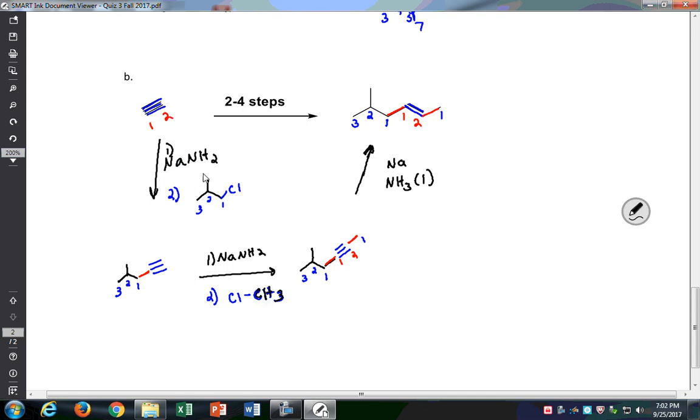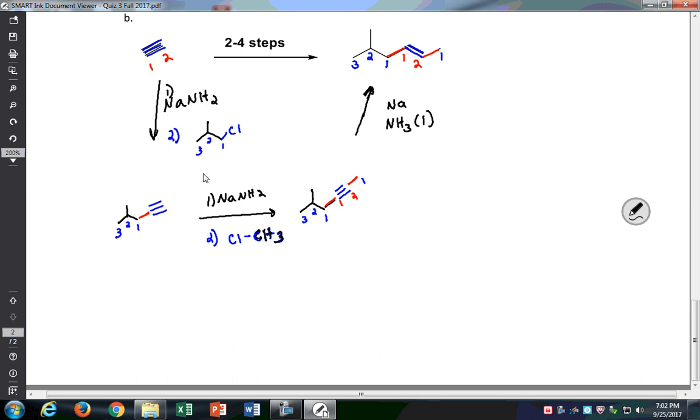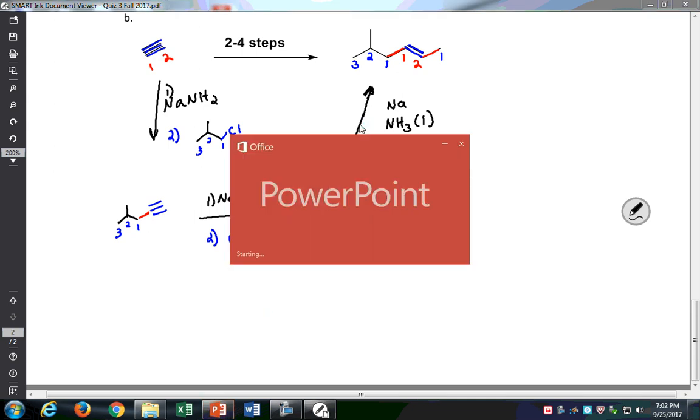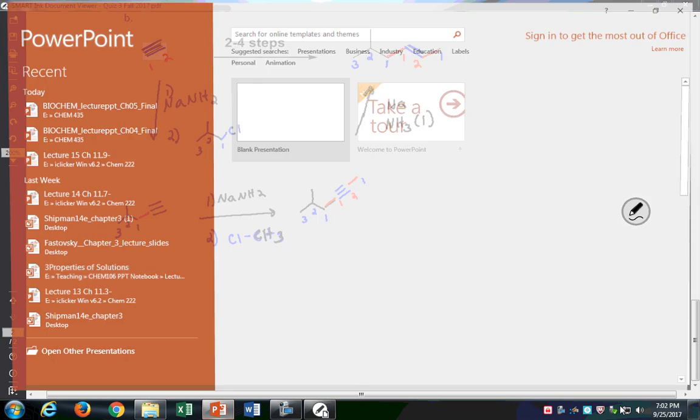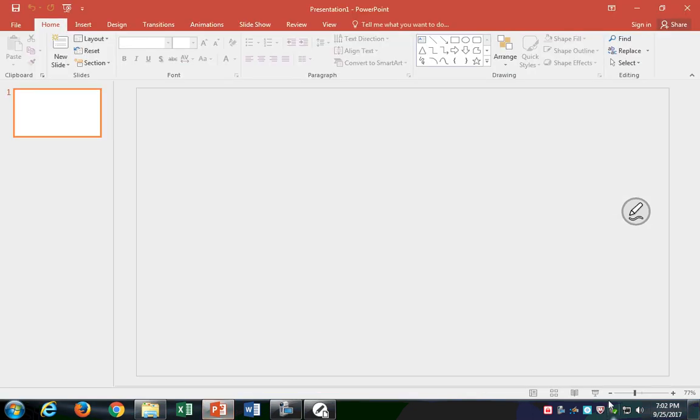There is another route, and I'm just going to go through that route quickly. Just going to open PowerPoint because I don't have any more room. And that route is equally viable.